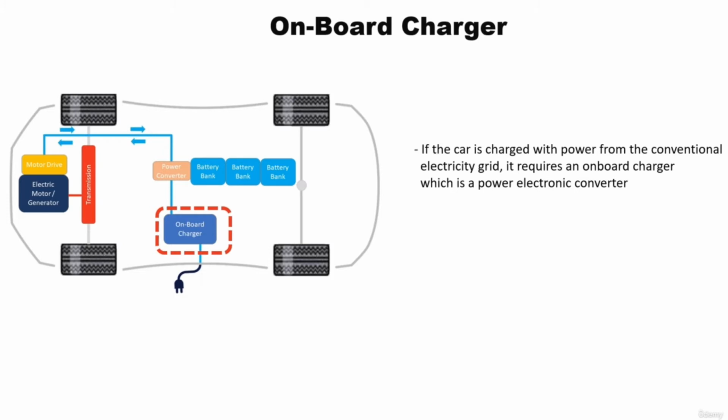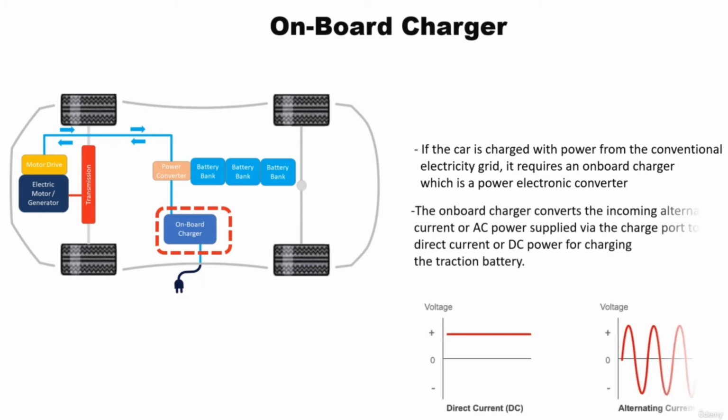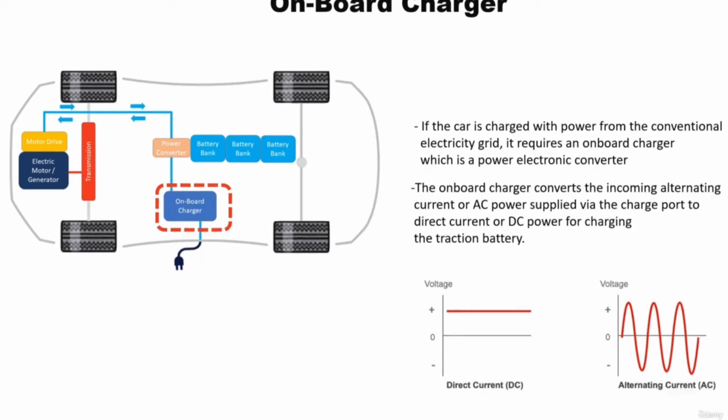The result is an output voltage and current which has a different magnitude and waveform compared to the input. The onboard charger converts the incoming alternating current or AC power supplied via the charge port to direct current or DC power for charging the traction battery. The onboard charger is like a phone charger but can handle much higher voltages and powers.